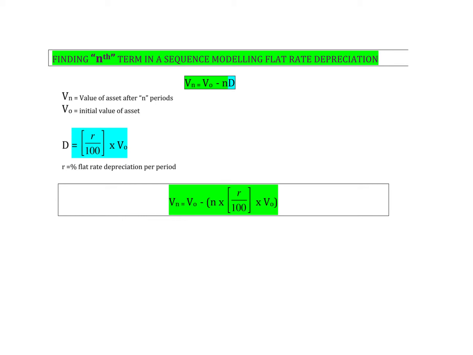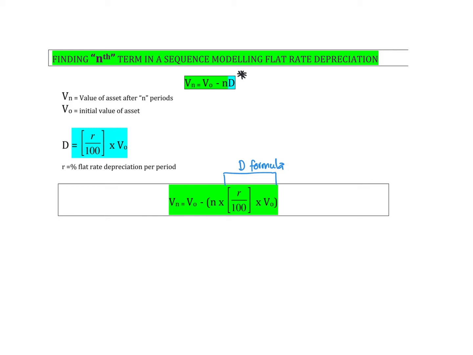So here's the formula for flat rate. And down here, they've just changed that formula, where they've put the D, they've put the D's formula there. It's just written out in expanded form, so it doesn't really matter. You know how to work out D, and there you go.